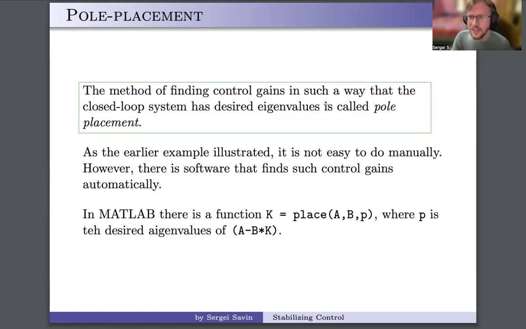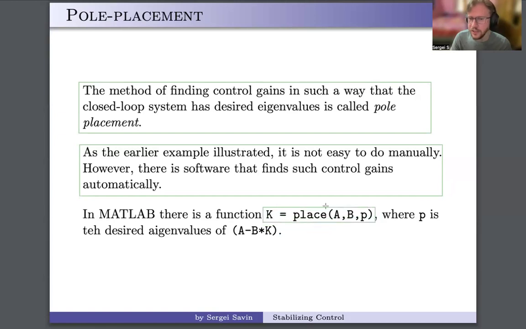So that is the pole placement method. You can see it is a little bit laborious, but it can be done. But you can do it automatically too. For example, in MATLAB, you just write it like this. K is equal to place(A, B, P), where P are your desired eigenvalues. All right? That's it.